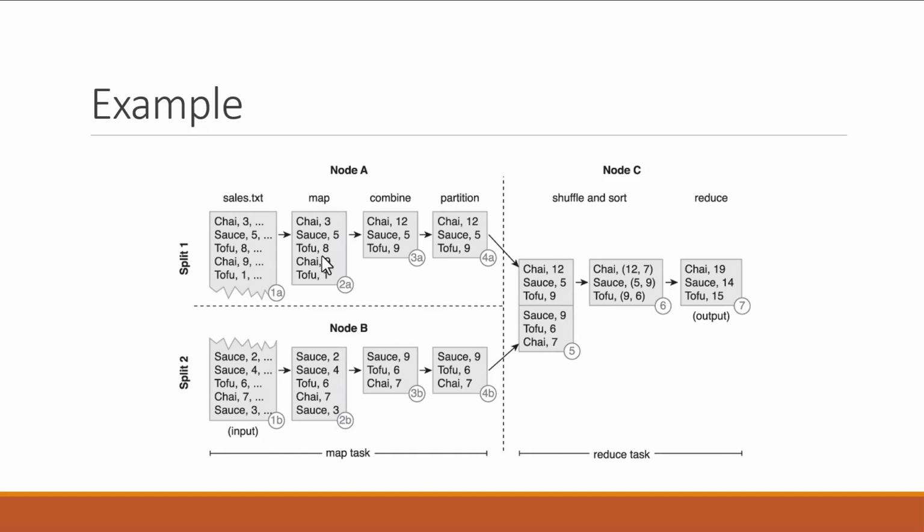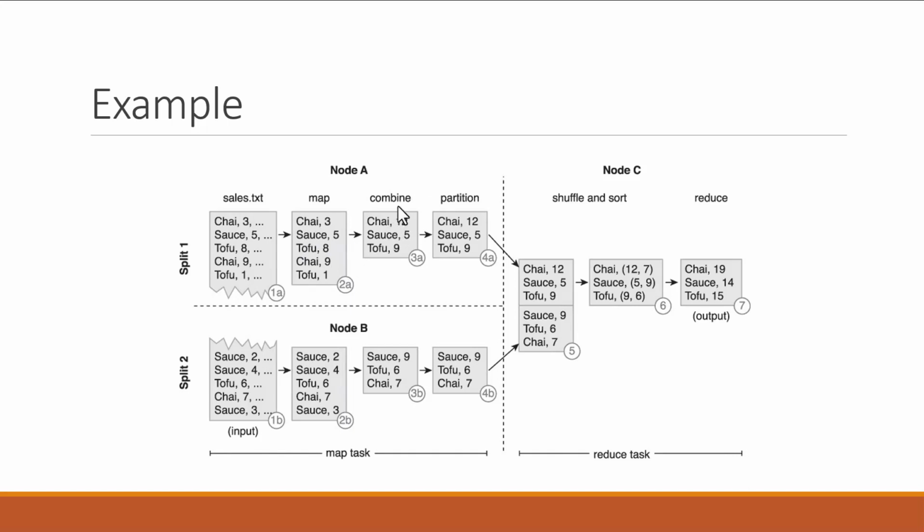Now, essentially what we get as a result is a key and value list, right? There are multiple occurrences of chai, multiple occurrences of tofu, and so forth. And so there may be a combine phase that we want to code for at this point so that we can actually combine like keys or collapse like keys into single values.